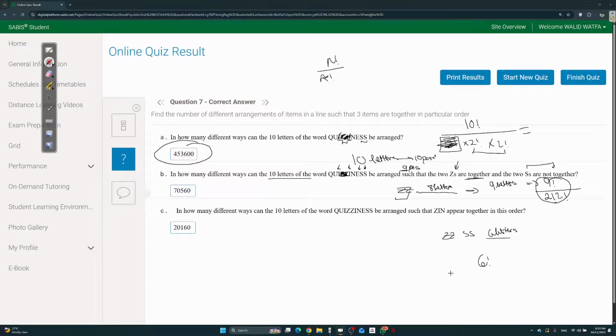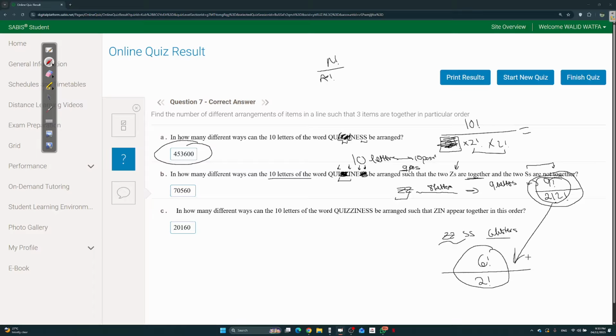It's going to be 6 factorial over, since we're considering ZZ and SS, only the possibility is left, since we're not considering the ZZ and SS anymore. How many letters are repeated? I is repeated twice. Now it's only these two I's, so we only put 2 factorial. So this is the total possibilities, and this is the possibilities of when you have the S's together.